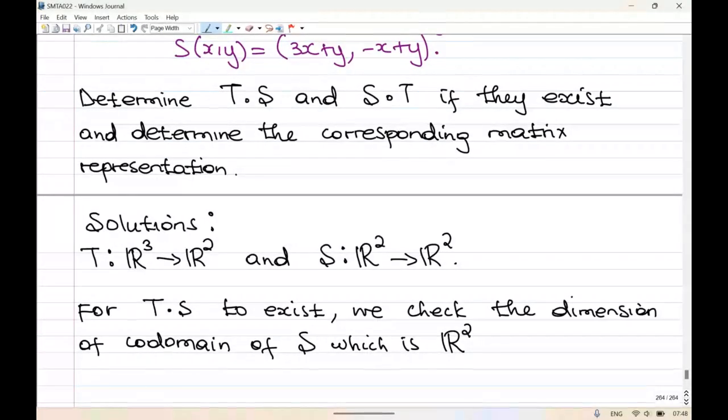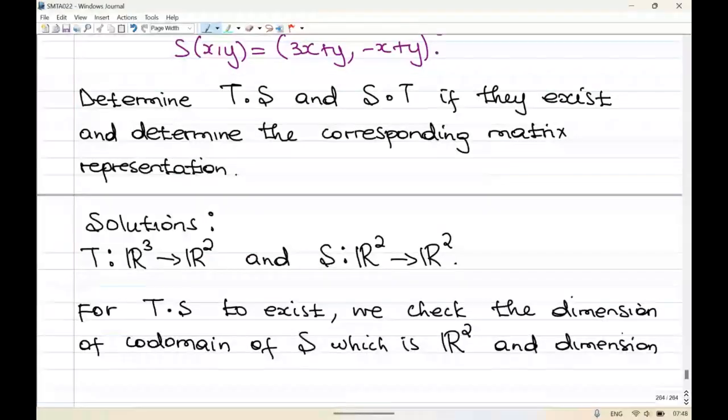And then you compare it with the dimension of the domain of T. The domain of T is what, colleagues? Please check, you have the map there.